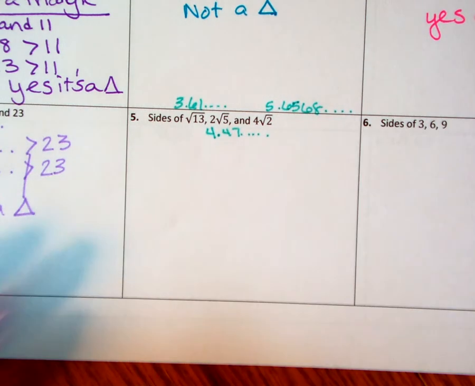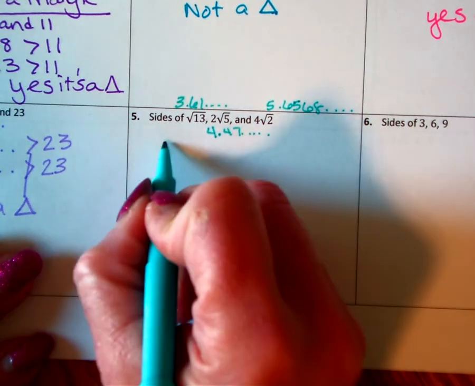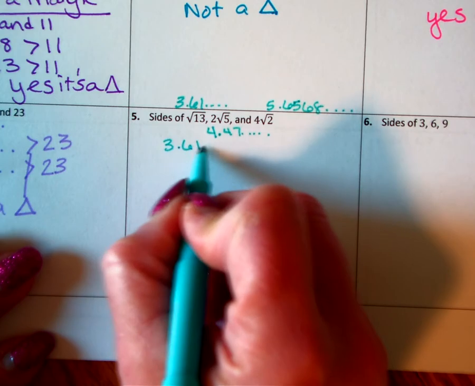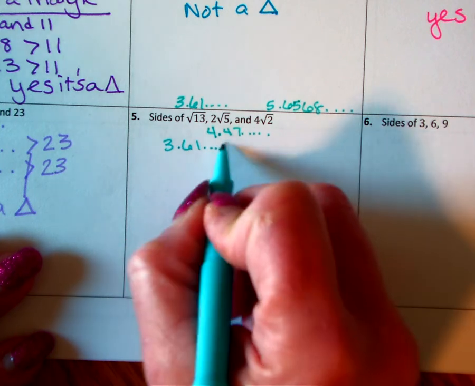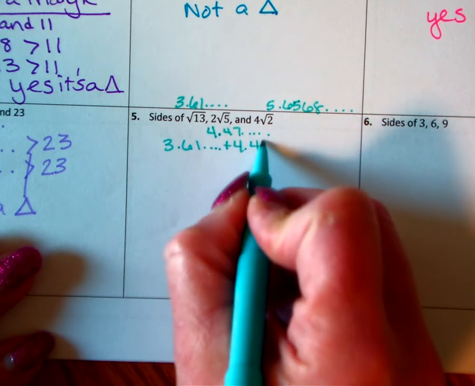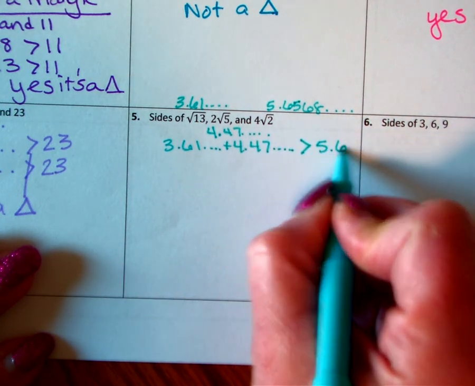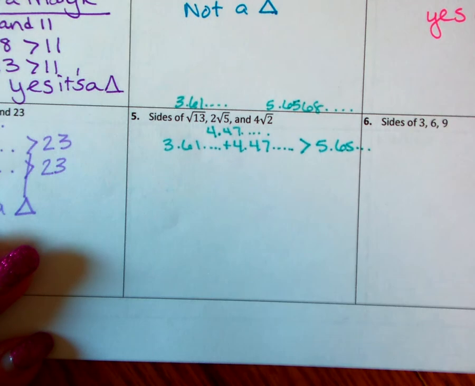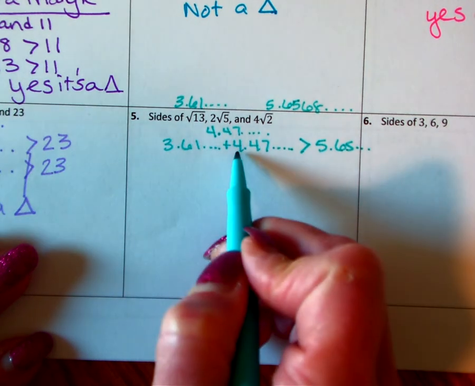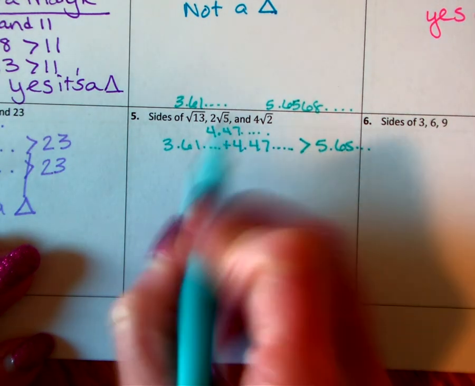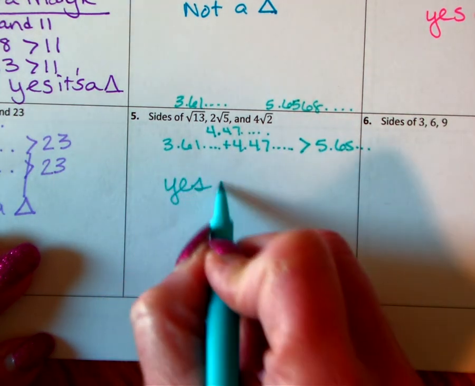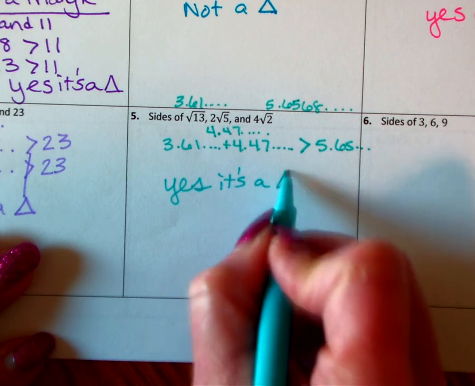Okay. So, is 3.61 something plus the 4.47 something greater than 5.65 something? Well, 3 plus 4 alone is 7, so it is greater than 5. So yes, it's a triangle.